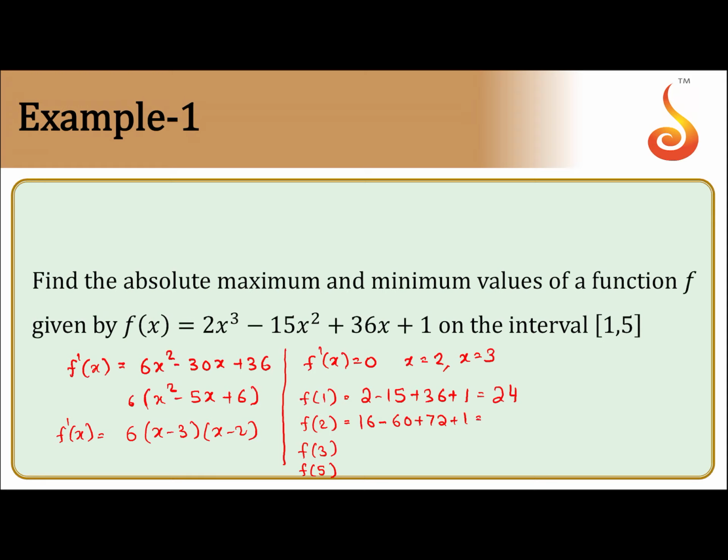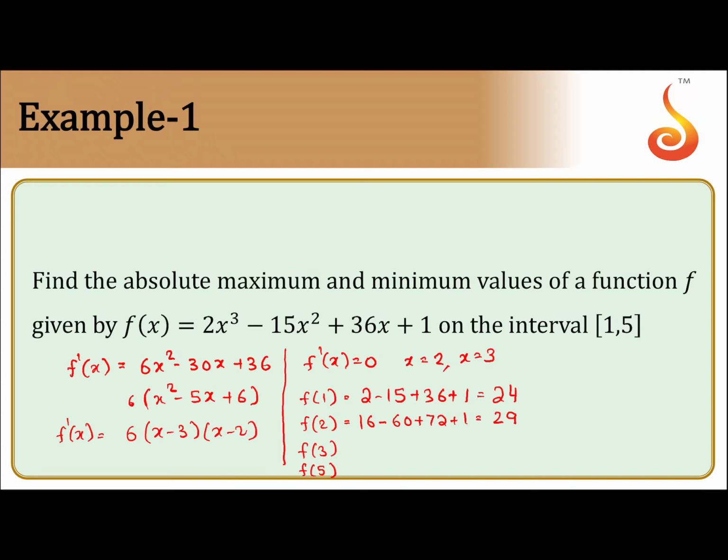Once again, x = 2: 2 cubed is 8, 8 times 2 is 16, 2 squared is 4, so minus 60, 36 times 2 is 72, plus 1. So this becomes 16 - 60 + 72 + 1, which gives you 29.